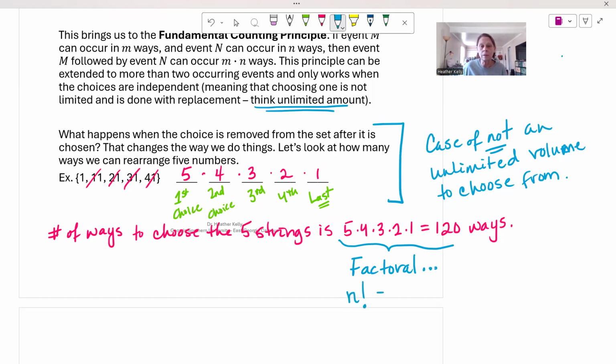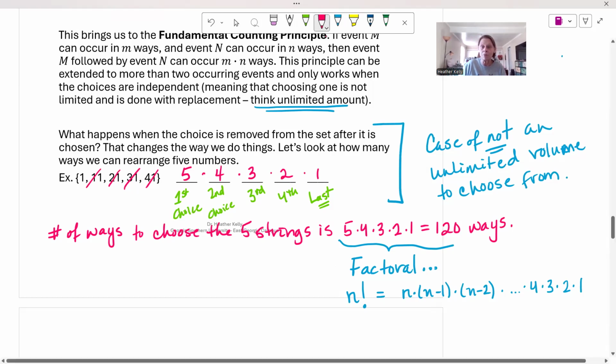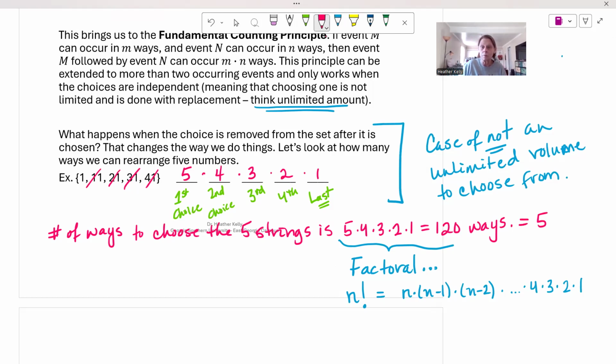N factorial is equal to n times n minus 1 times n minus 2 times dot, dot, dot, times 4 times 3 times 2 times 1. This indicates that it's every number from whatever n is all the way down multiplied together. So what we have up here is 5 factorial. That's not 5, yelled at you. That's 5 factorial.